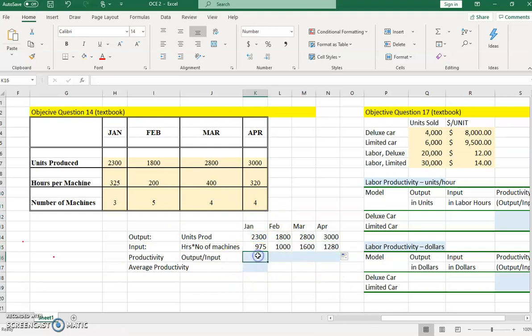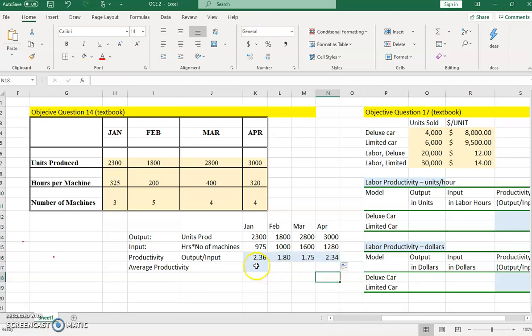My productivity is going to be equal to the output, which is the units produced, divided by the input, which is number of machines times hours, which is 2.36. And if I copy and paste it, I get 1.8 for February, 1.75 for March, 2.34 for April.